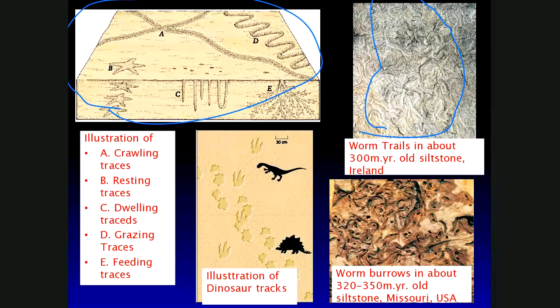And here you see dinosaur tracks, right? I've shown you two photographs with dinosaur track trace fossils on two of the previous slides, right? And these are worm burrows, again in 320 to 350 million year old siltstone from Missouri, USA. So these are all examples for trace fossils.